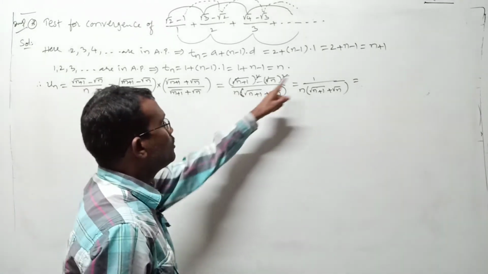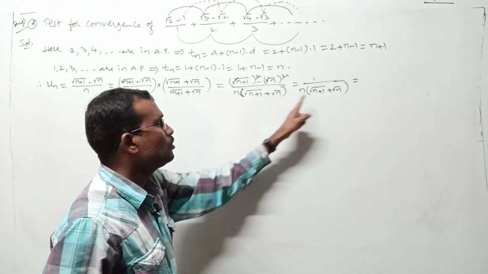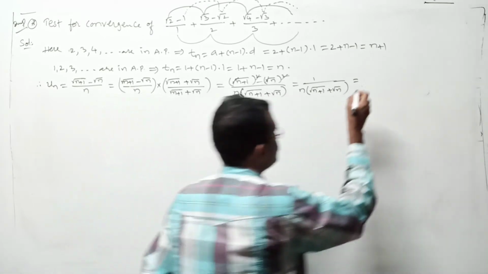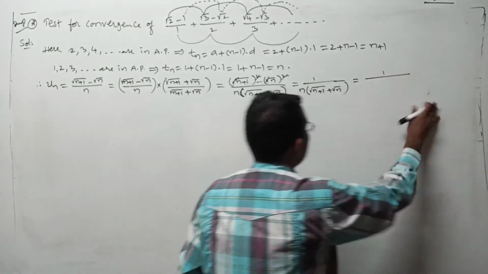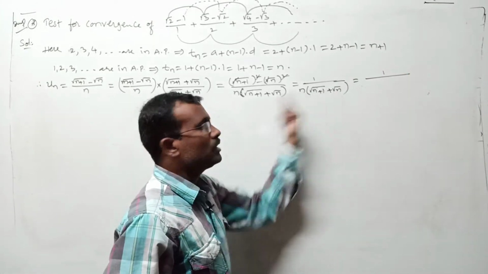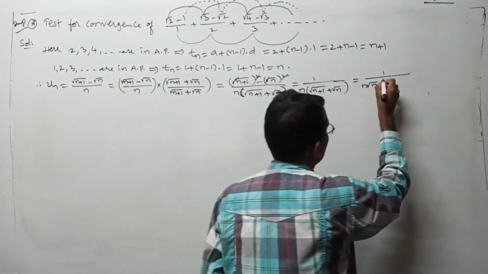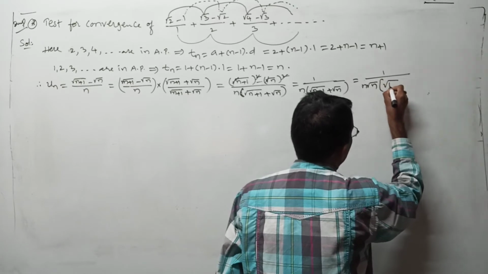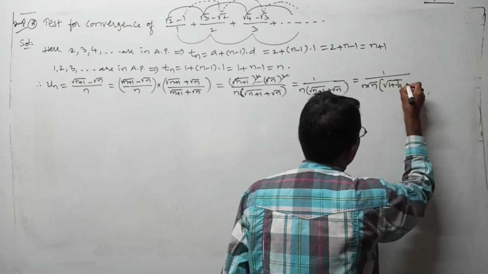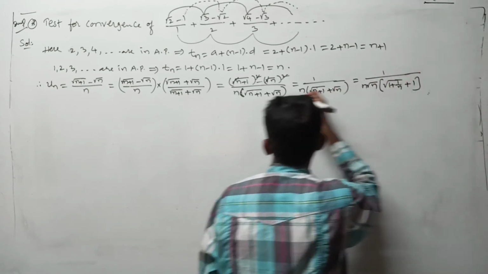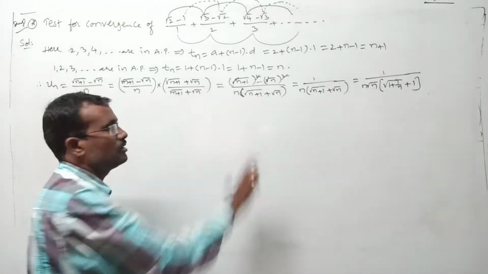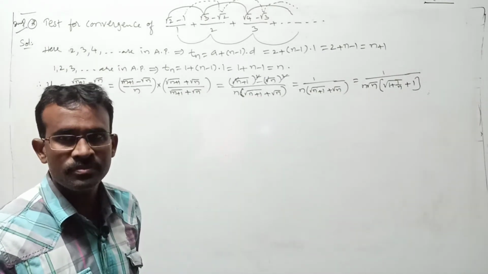This is 1 by n into root n plus 1 plus root n, which is 1 by, in the denominator all n terms take common, meaning root n you have to take common. It is n into root n into root of 1 plus 1 by n plus 1. Sorry for it, I was not concentrating here. Any problem with this?